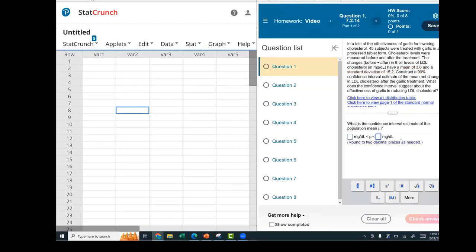In a test of the effectiveness of garlic for lowering cholesterol, 45 subjects. So 45 subjects, is that the population? No, that's n is 45, right? So let's write that down here. n equals 45.